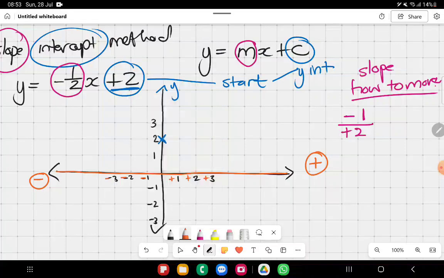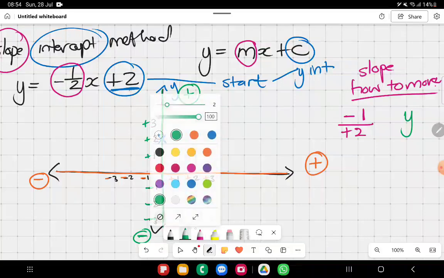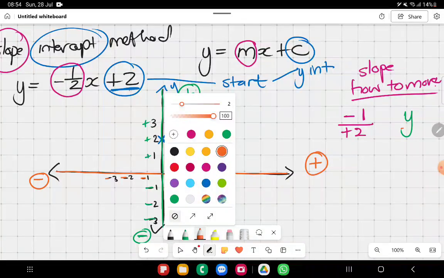Now, the same thing applies for my y-axis. Over here, I have my y-axis. And my y-axis is positive, positive, positive going up, and negative, negative, negative going down. So when I go to the slope, the sign positive and negative tells me direction. Now what you need to know is the slope is always going to be y on the top and x at the bottom.